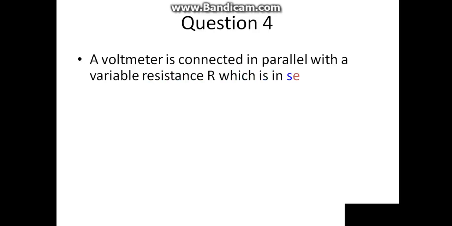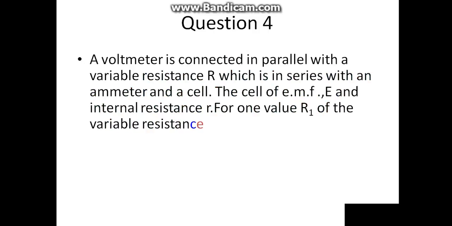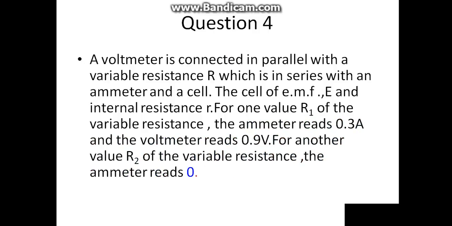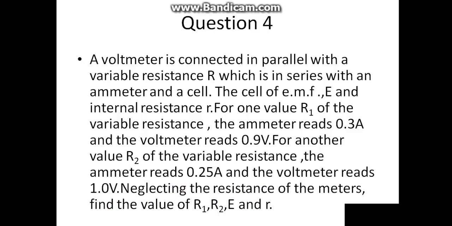Question 4. A voltmeter is connected in parallel with a variable resistance capital R, which is in series with an ammeter and a cell. The cell has EMF capital E and internal resistance small r. For one value R1 of variable resistance, the ammeter reads 0.3 amps and the voltmeter reads 0.9 volts.